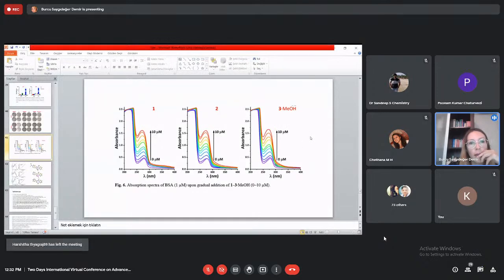These results show that the complexes change the polarity of the microenvironments around the tryptophan and tyrosine amino acids of BSA.